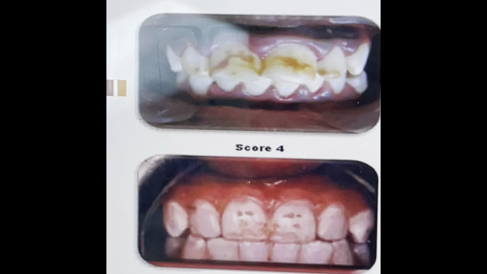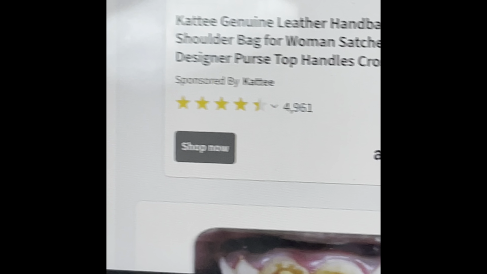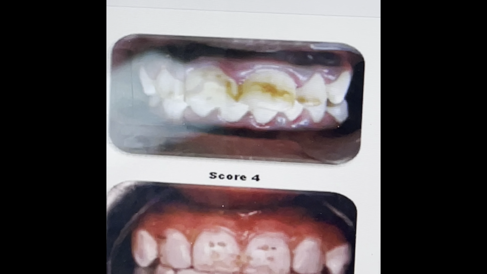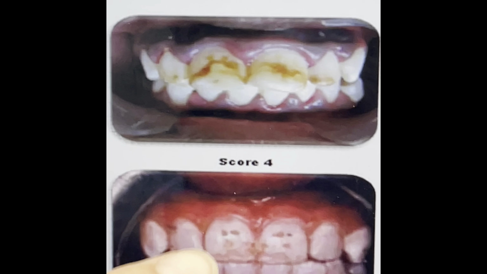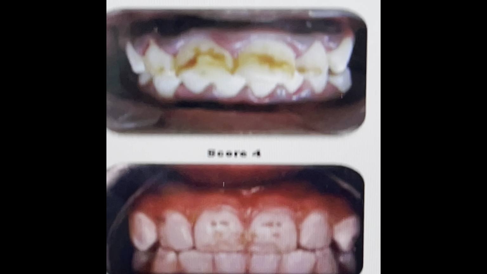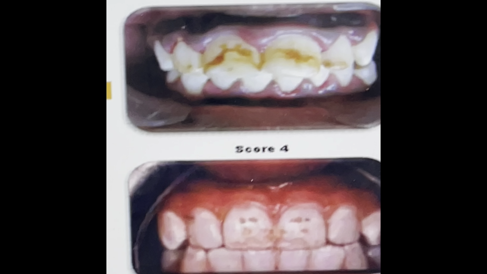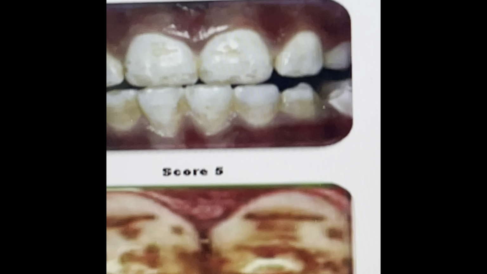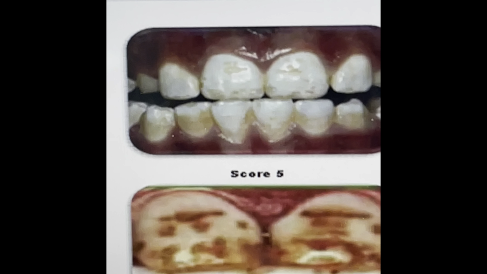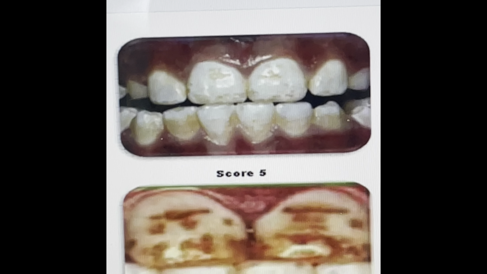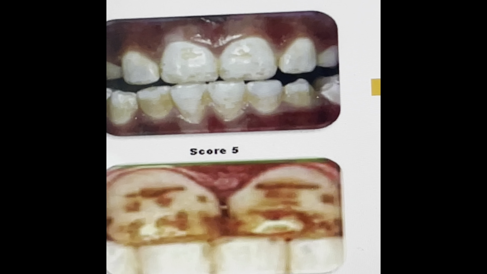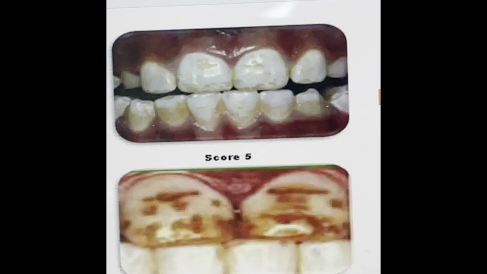For a score of 6, discrete pitting of enamel, as you can see the pitting in the front here, and staining of intact enamel occur. And then for score 7, as you can see, the staining is really bad. The enamel surface shows a lot of pitting, large areas of enamel may be missing with altered tooth anatomy, and dark brown stains are present.